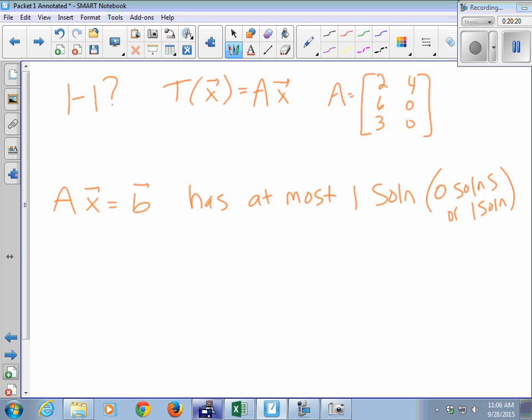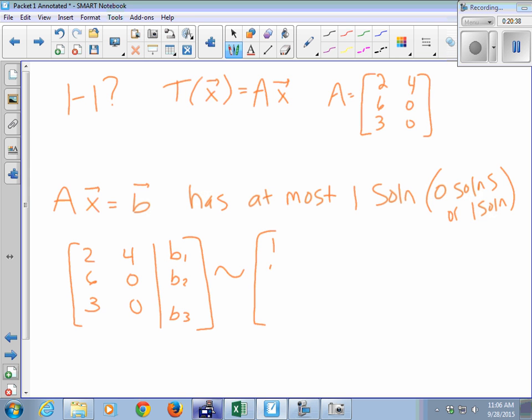So if I row reduce 2, 6, 3, 4, 0, 0 with a B1, B2, B3, I'm not going to go through all the work, you get 1, 0, 0, 0, 1, 0, you already knew that part. But over here, you get B2 over negative 6.